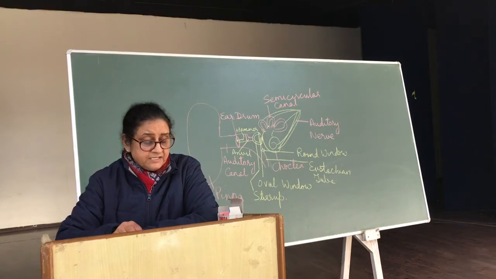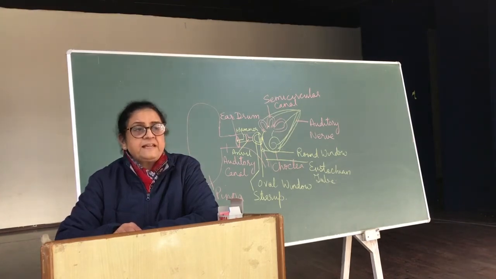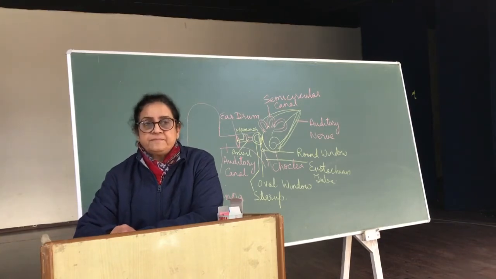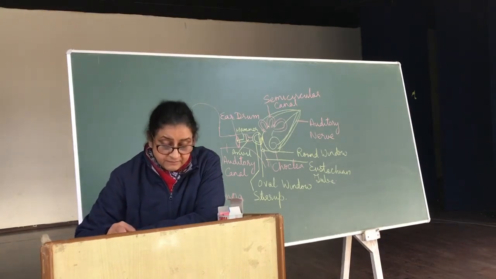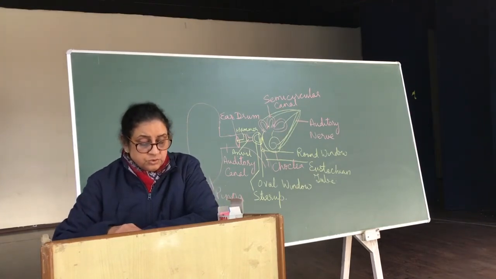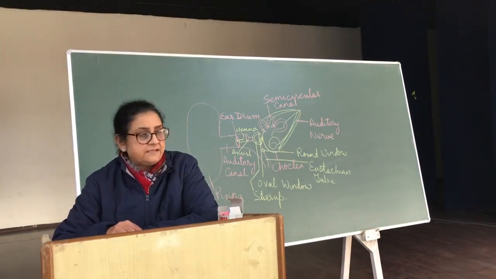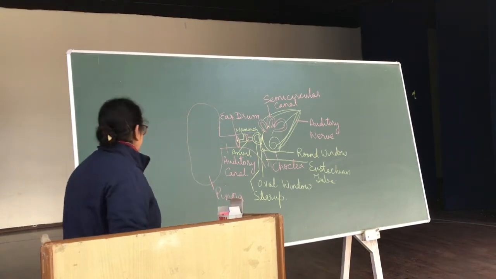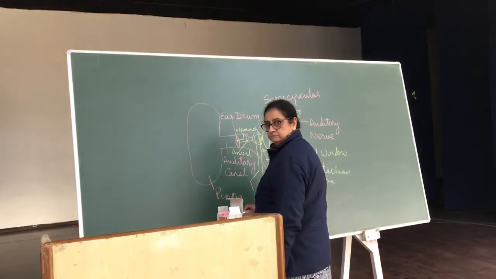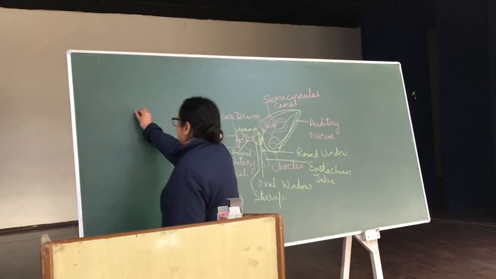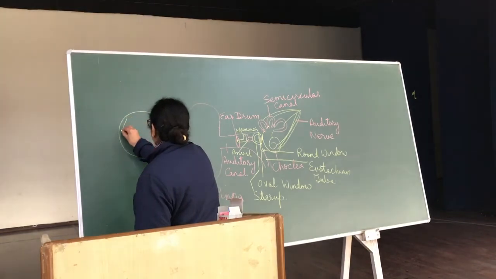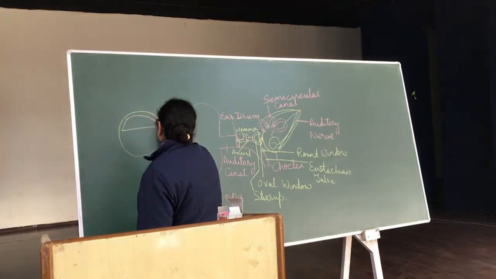The cochlea is spiral shaped and looks like a snail shell. It has 2.5 turns. And its inner winding cavity is divided into 3 parallel canals. And if you were to cut a cross section of the cochlea and see, its inner cavity is divided into 3 parts.